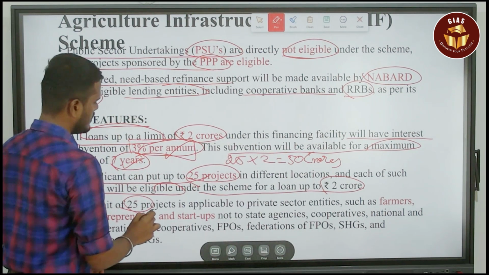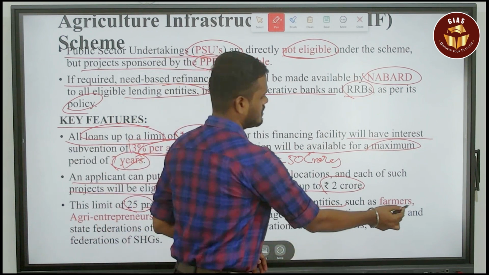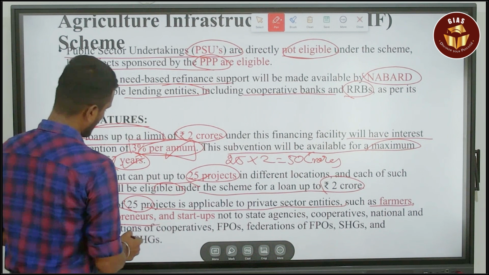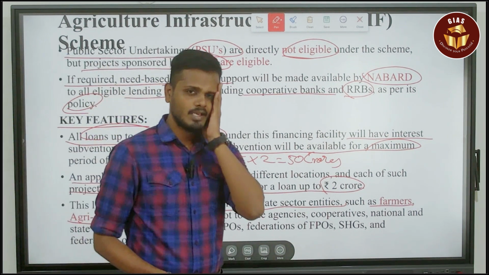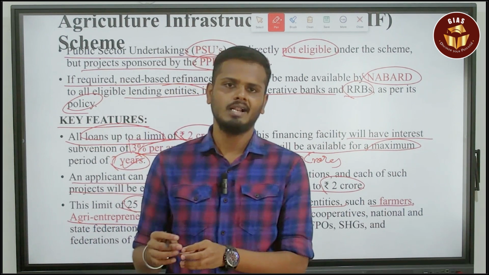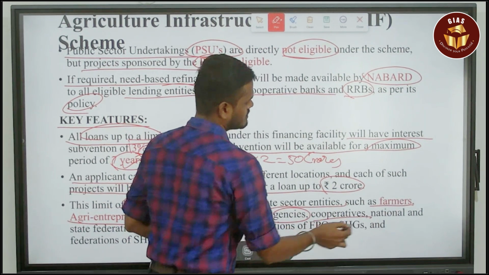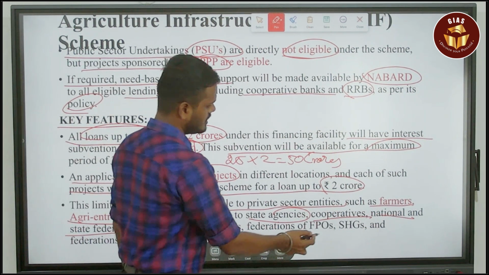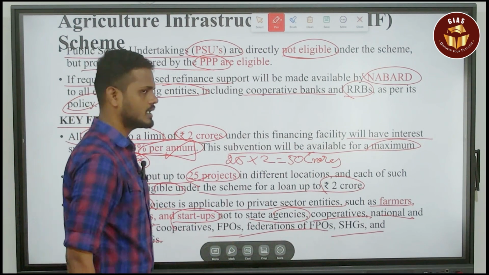This limit of 25 projects is applicable to private sector entities such as farmers, agri entrepreneurs and startups. These private entities can apply for the 25-project limit, but not state agencies, cooperatives, national and state federations of cooperatives, FPOs, federations of FPOs, SHGs, and federations of SHGs.